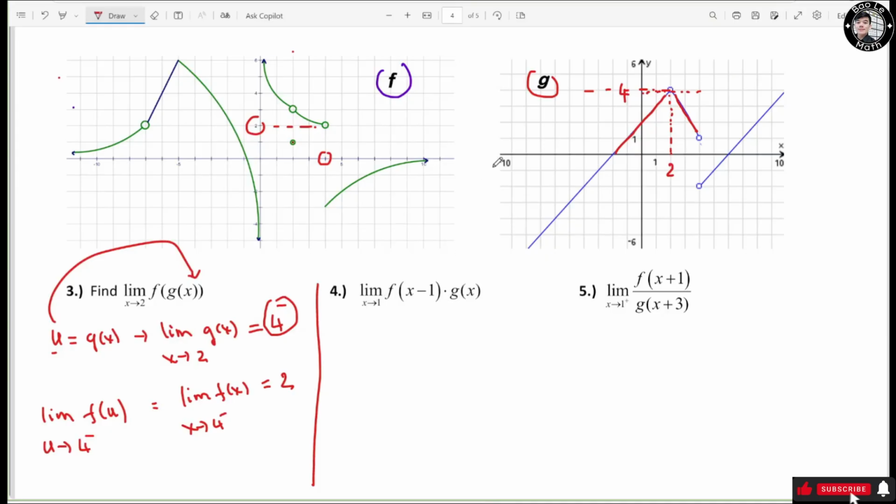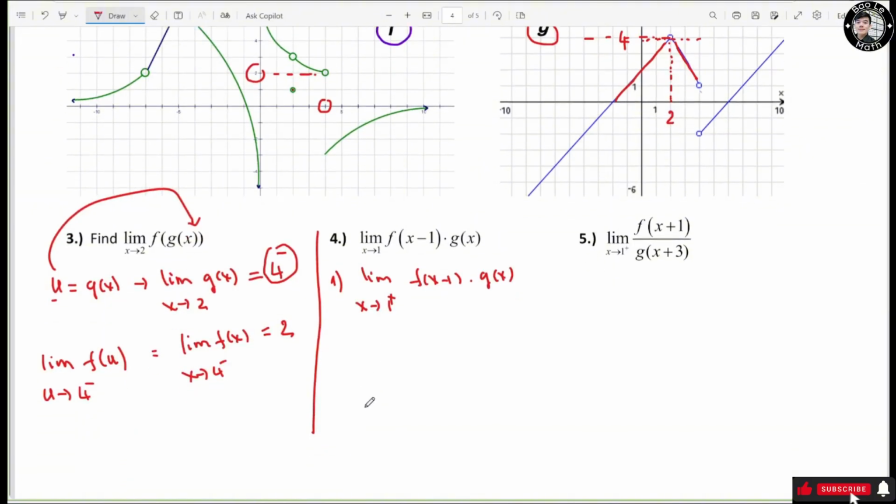Limit of f of s minus 1 times g of s when s approaches 1. Alright, so in order to determine if the limit of this function exists, we need to calculate the limit of f of s minus 1 times g of s when s approaches 1 plus, right?